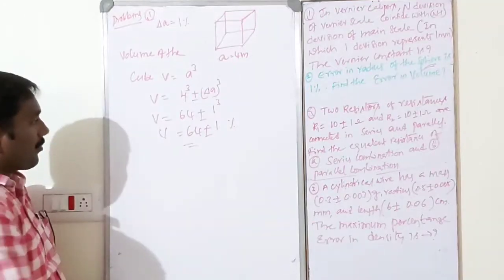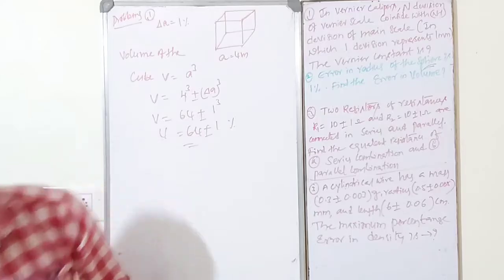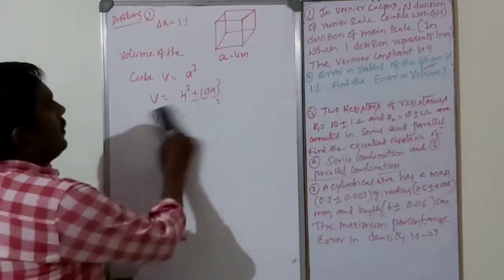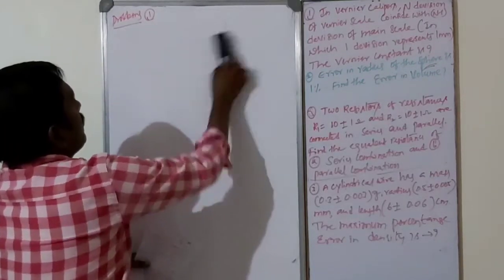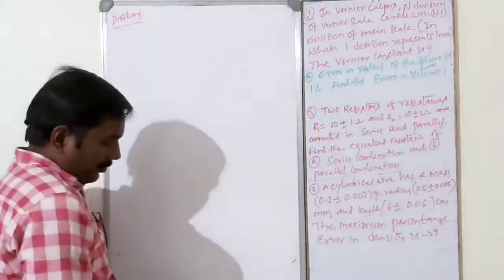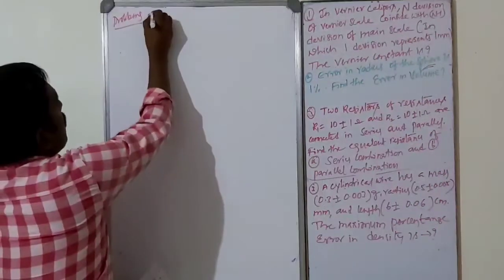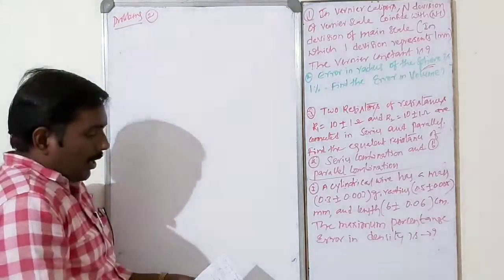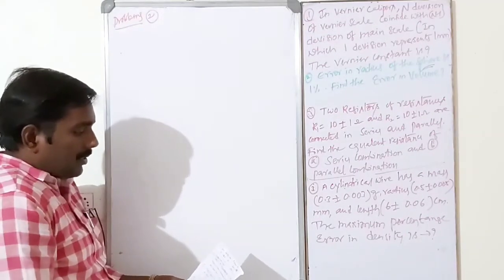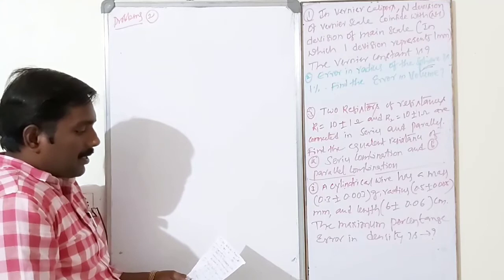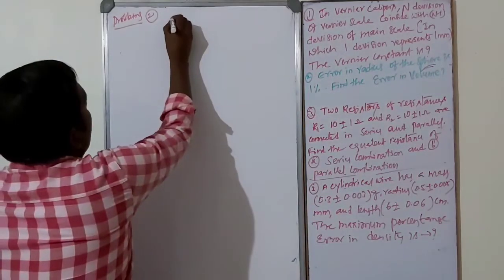Okay, next problem, problem number 2. What is the error in the density of the cube?